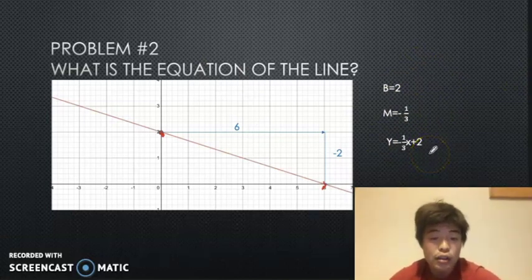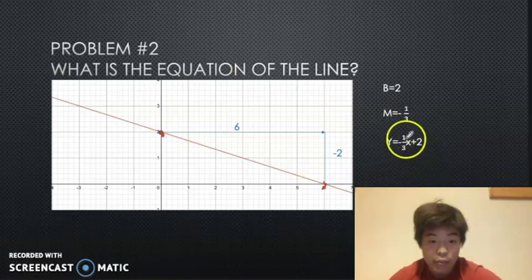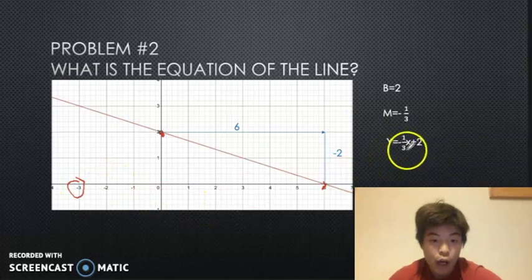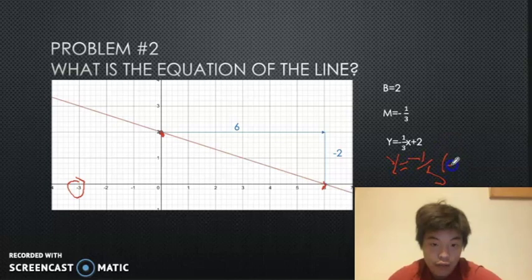Let's check to make sure that this is correct. We can choose any number here. Remember, when we input a number for x, it's going to give us y. So let's choose this number here, -3. We say y equals -1/3 times -3 plus 2.